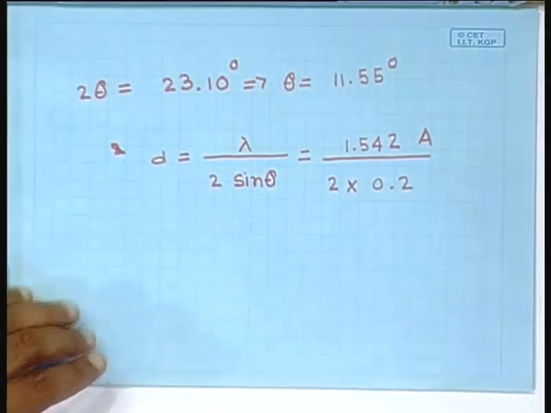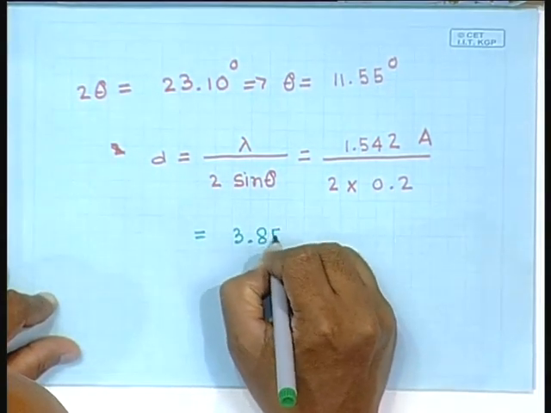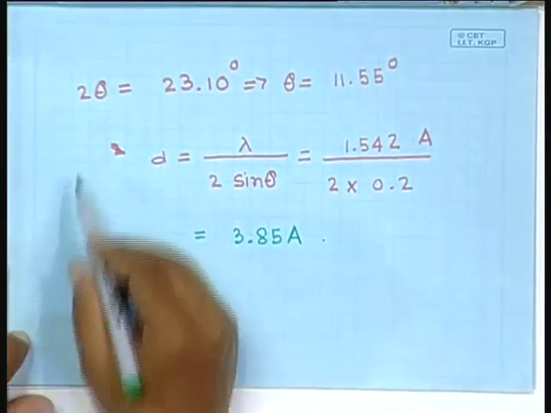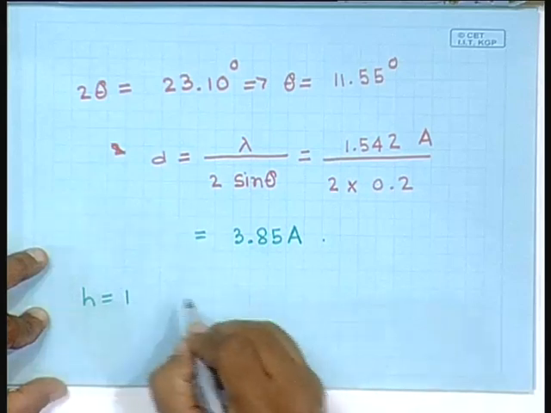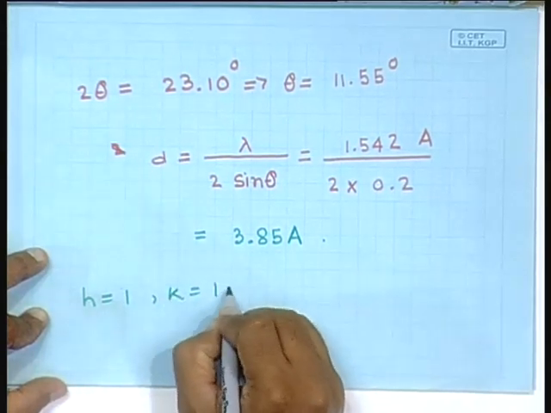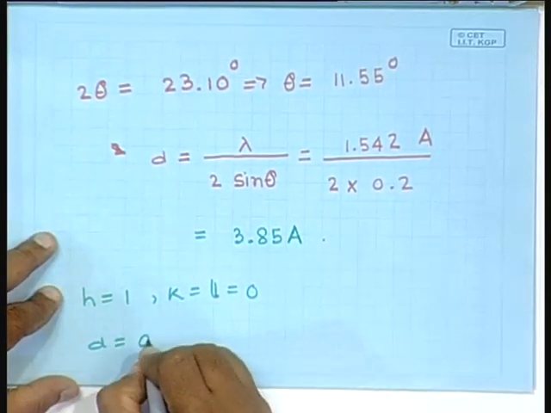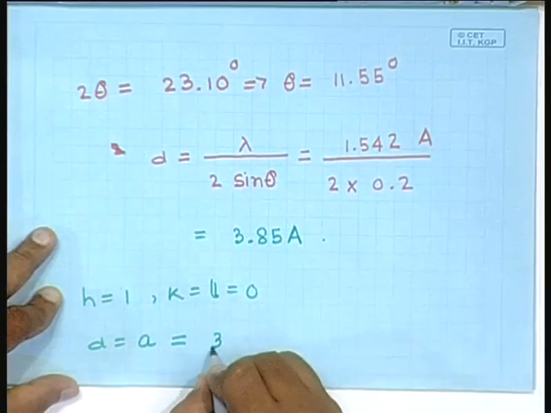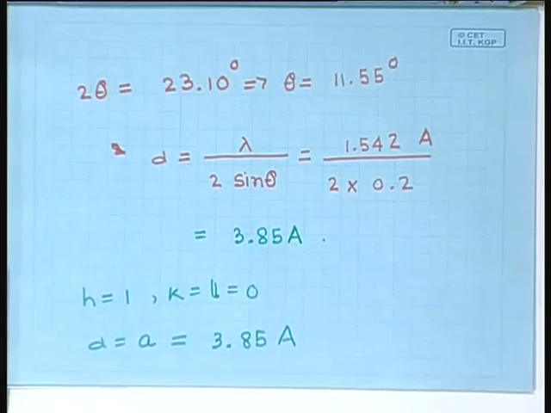So, it tells me that the value of d for this is 3.85 Angstrom, and the smallest angle theta we can interpret as being h equal to 1 and the other two 0, which tells us that d is equal to a, which is 3.85 Angstrom. So, we can use the smallest angle theta to determine the interatomic spacing, and it comes out to be 3.85.